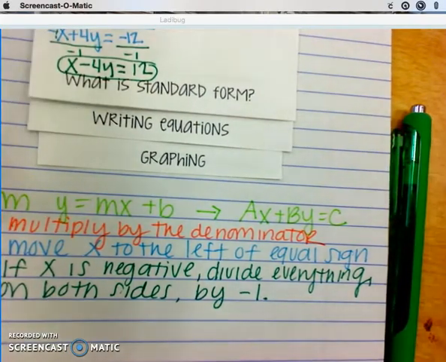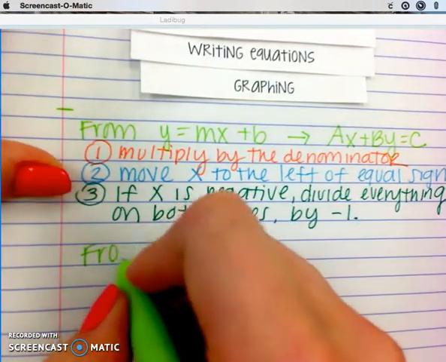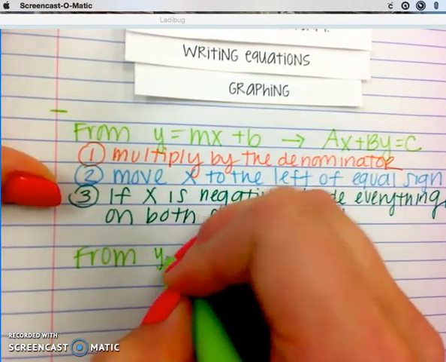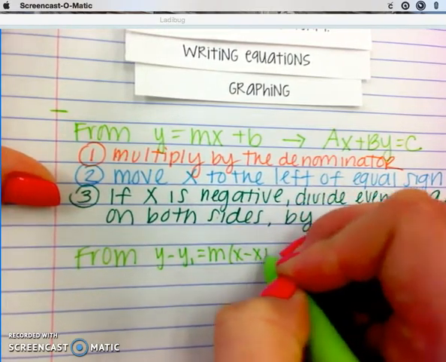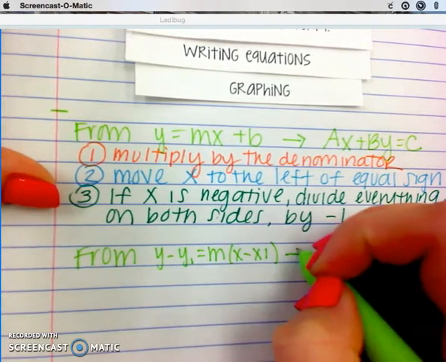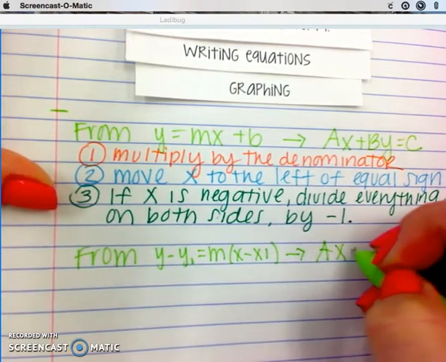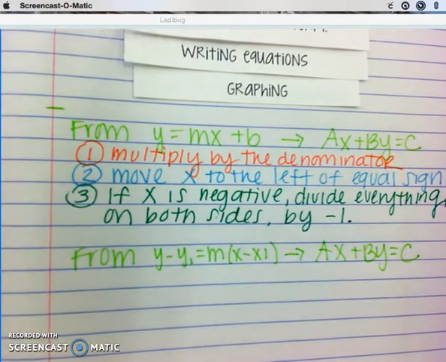Let's put from y minus y1 equals m times x minus x1, and we're going to ax plus by equals c.